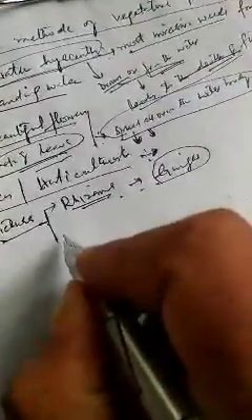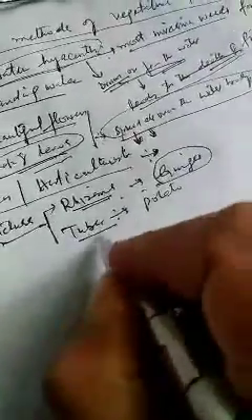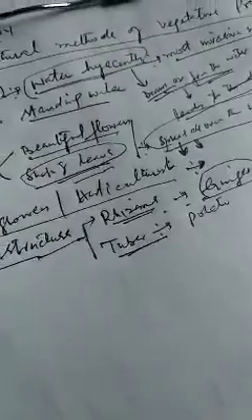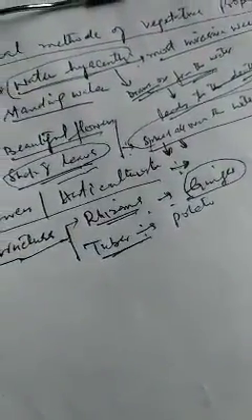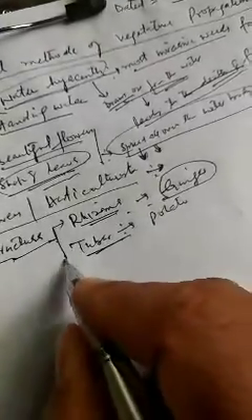Similarly, another specialized structure is the tuber. Example is potato. In potato, we use a specialized modification of the stem, that is called tuber, for producing new plants.